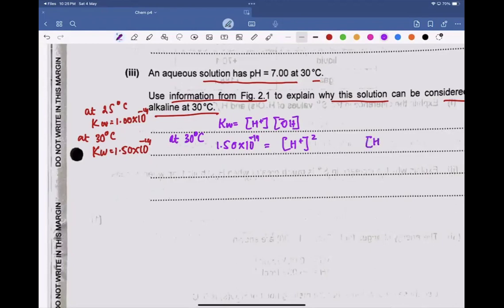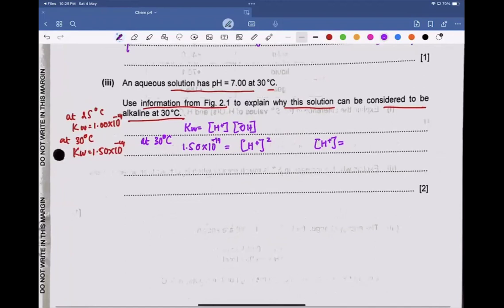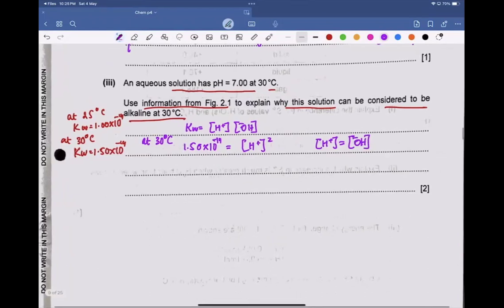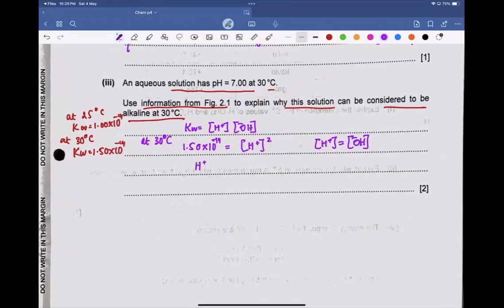Because we know that it's pure water, so the hydrogen ion and hydroxide ion concentrations are equivalent. So for pure water, the concentration of hydrogen ion equals the square root of 1.50 exponent minus 14.